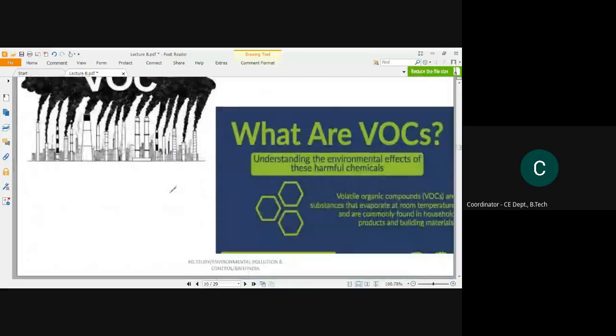So this is a picture. Here we have to understand the environmental effects of these harmful chemicals. VOCs are substances that evaporate at room temperature and are commonly found in household products and building materials.